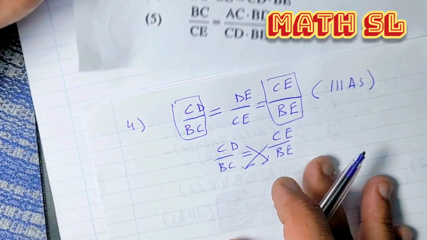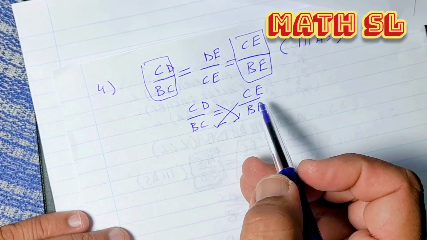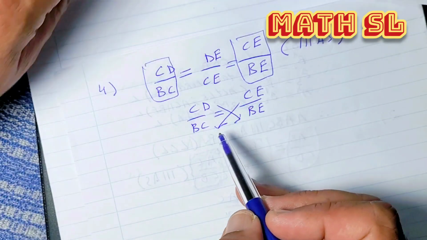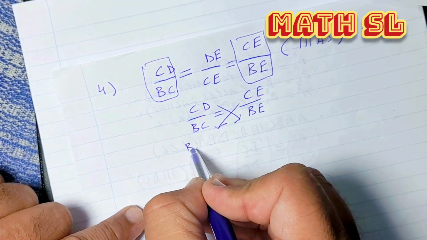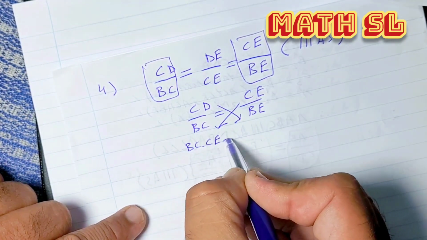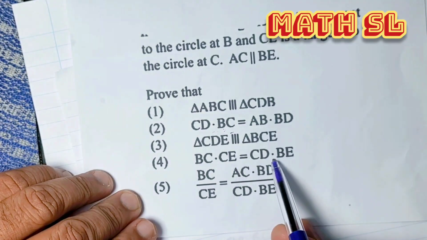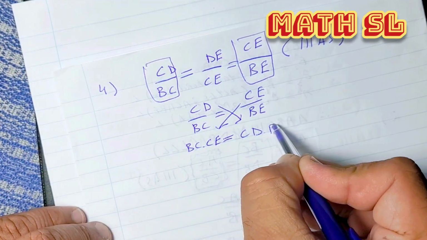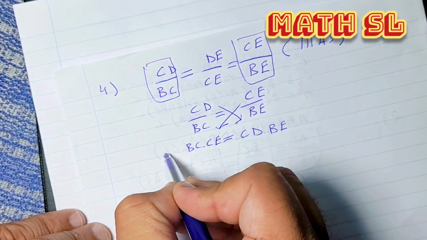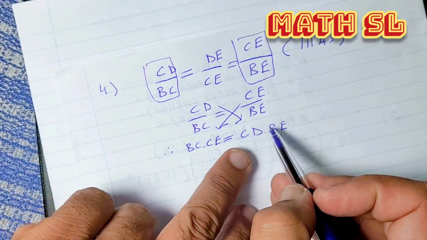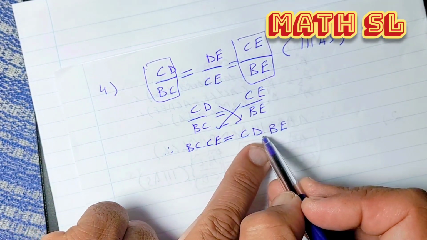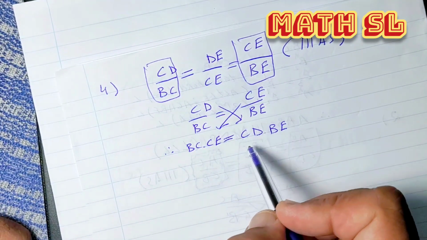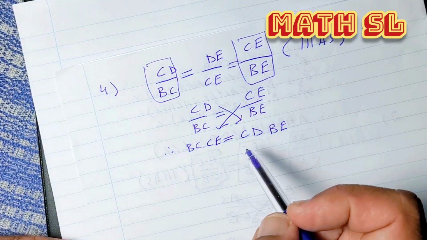Cross multiply, so it's going to be how he wanted. You can write like this: BC times CE is equal to CD times BE. You can also write another way: CD times BE this side and BC times CE that side, it doesn't matter. So this is part 4.